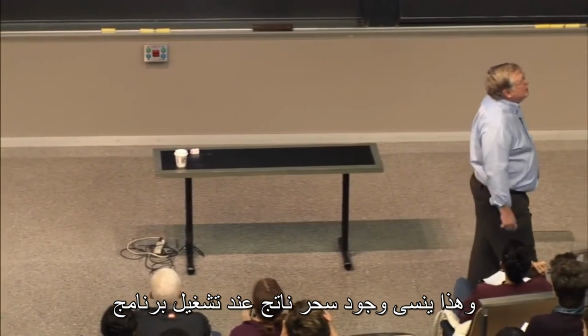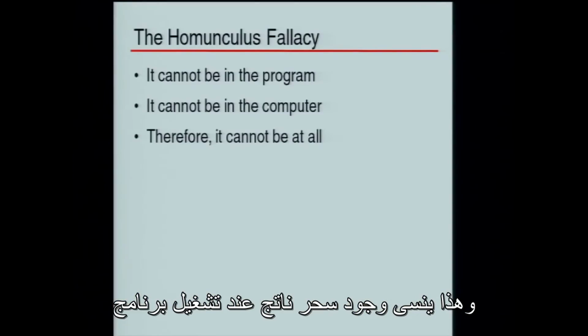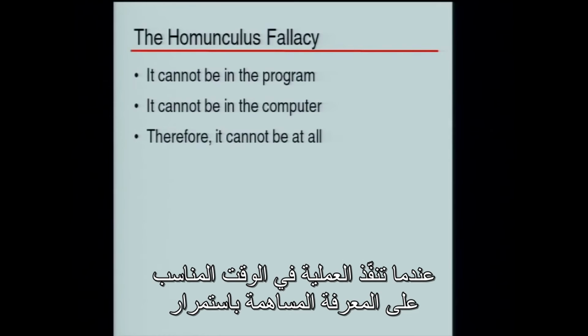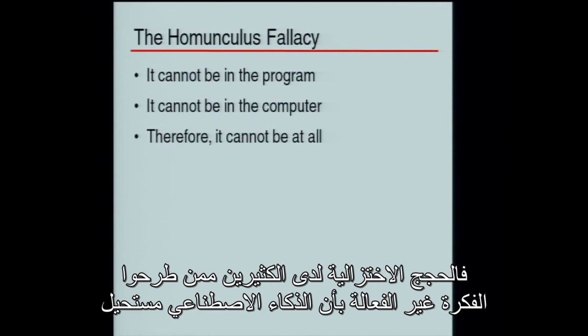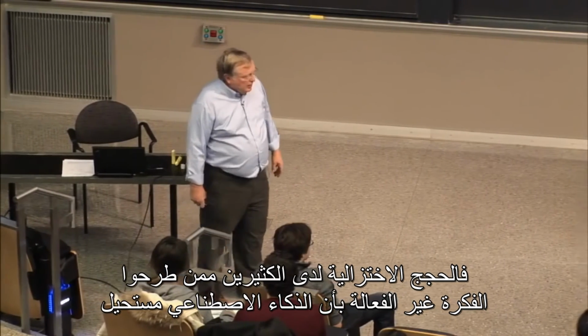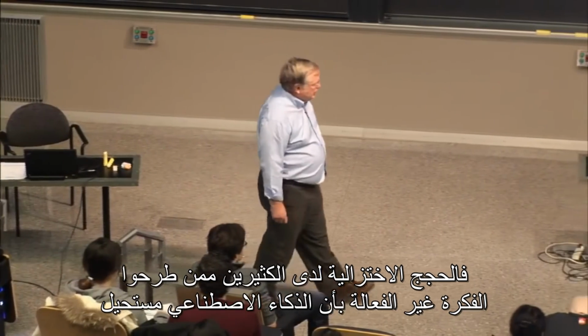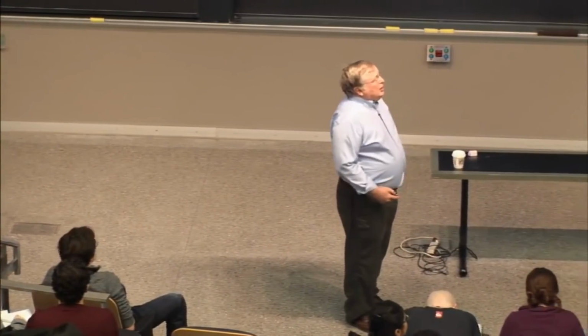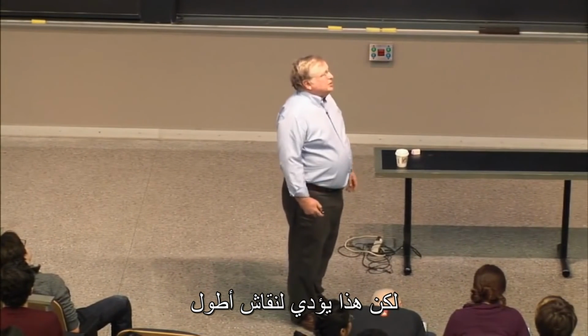That just forgets that there's a magic that comes about when a running program, when a process executes in time over knowledge that it continually contributes to. So the reductionist arguments are among the many that have been ineffectually posed to argue that artificial intelligence is impossible. But that bears longer discussion.